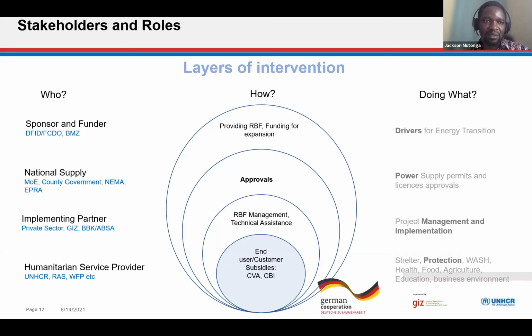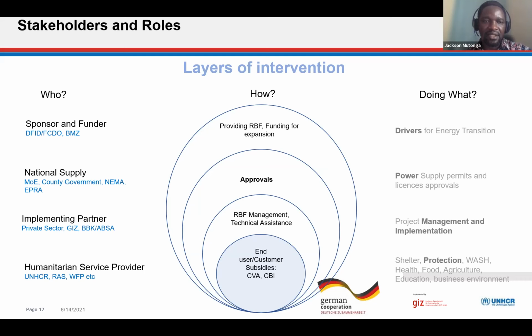So of course, we have the sponsors at the high level, who are the drivers of energy transition, and the national regulatory authorities, as well as the regional one, to get the power supply permits and licenses. Of course, the implementing partners, that is the private sector, GIZ and the fund manager for coordination and the actual implementation of the project, and the humanitarian service providers, as it was in a displacement setting.